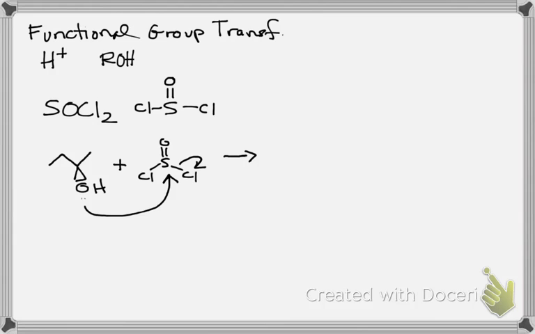And then what do you get out of that? What left? Chlorine, so it'll be a chloride, right? I just thought I'd do that one first and get it out of the way. And then the other one's going to be this.